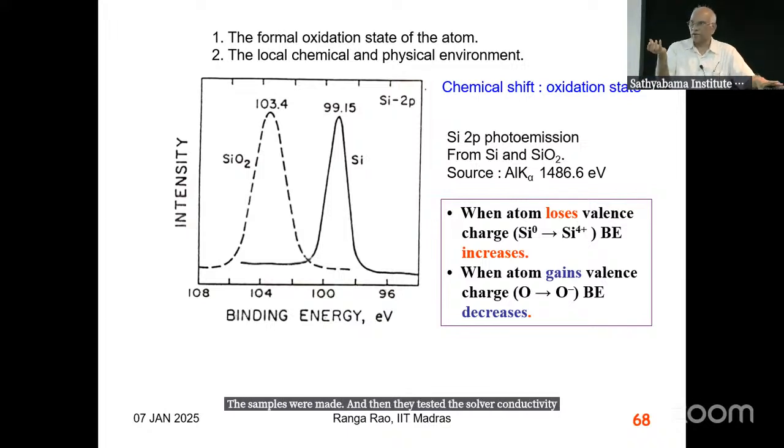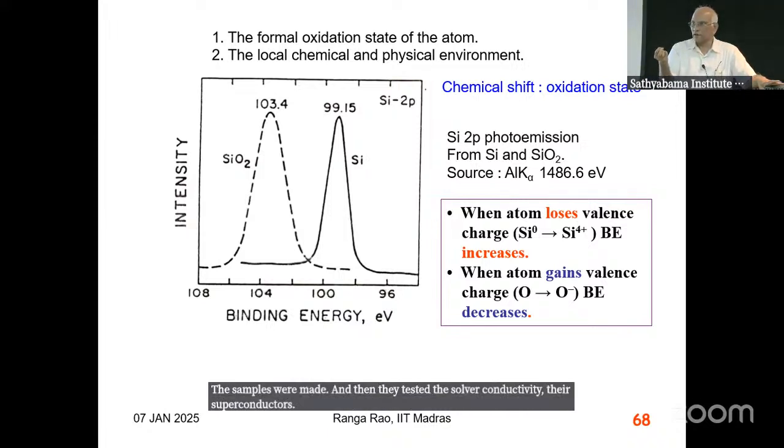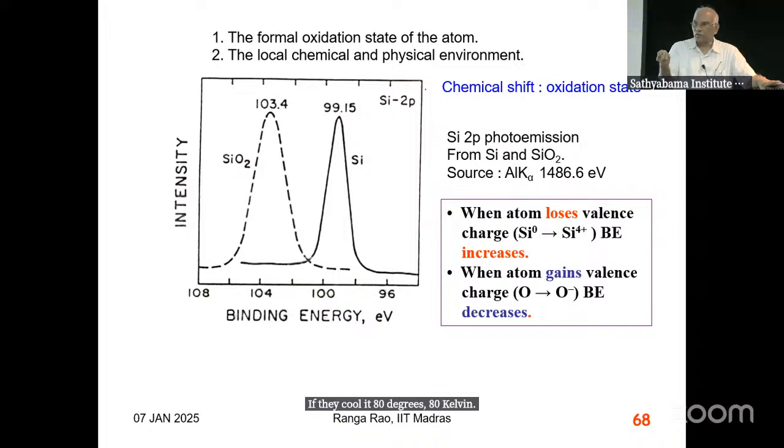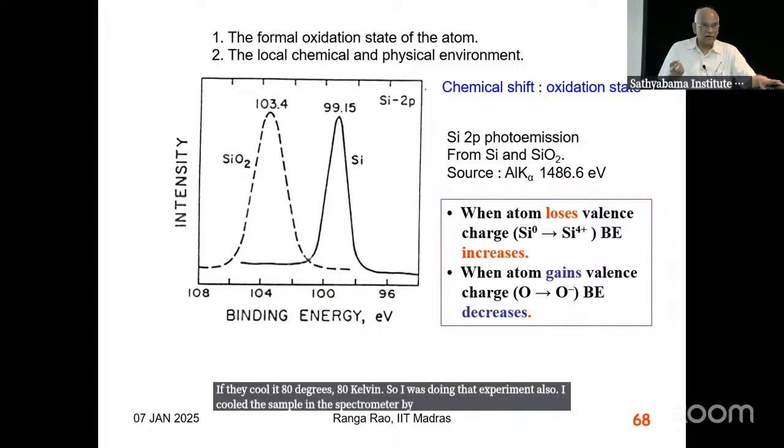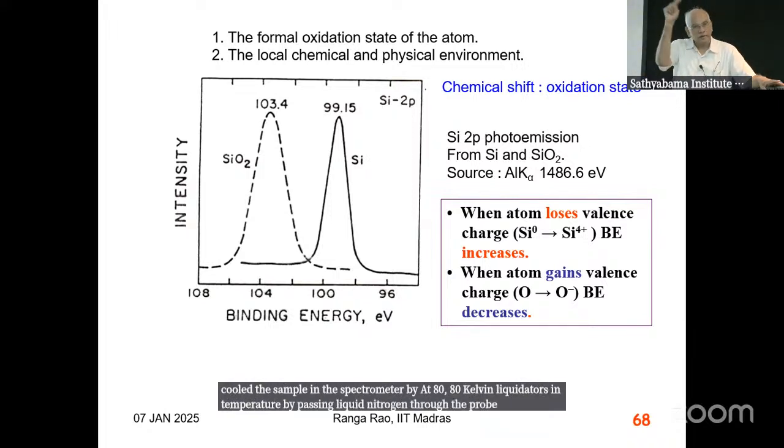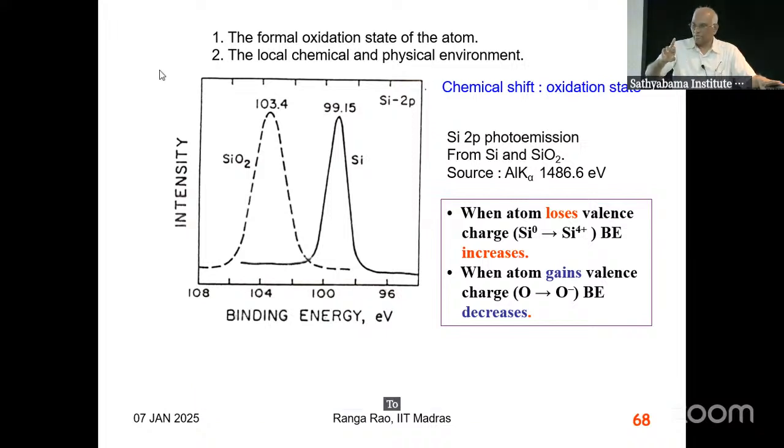They are superconductors if you cool them to 80 Kelvin. So I was doing that experiment also. I cooled the sample in the spectrometer to 80 Kelvin, liquid nitrogen temperature, by passing liquid nitrogen through the probe, and then measured the spectrum to see what is the difference with the magnetic field.